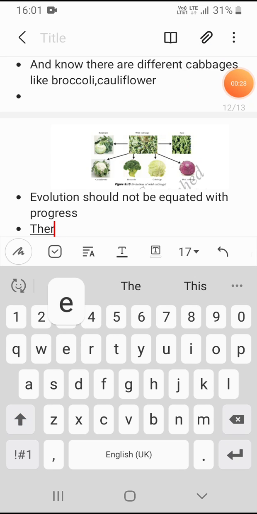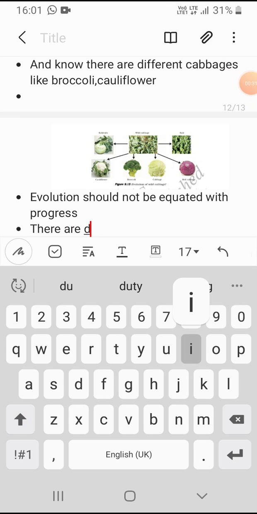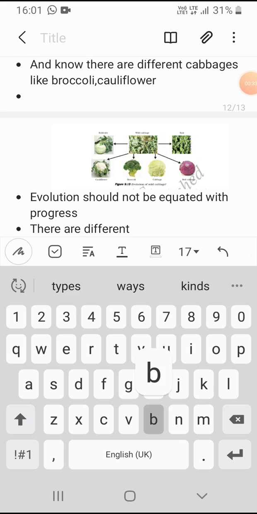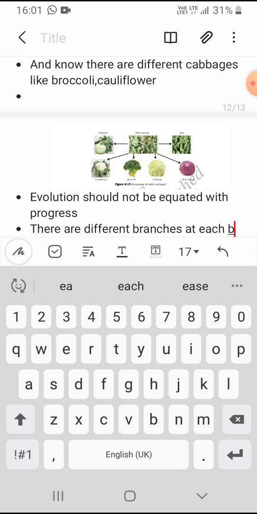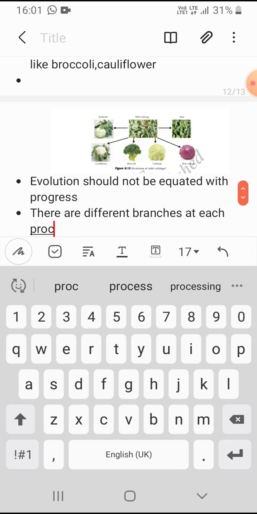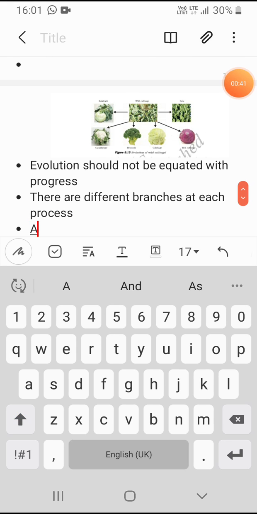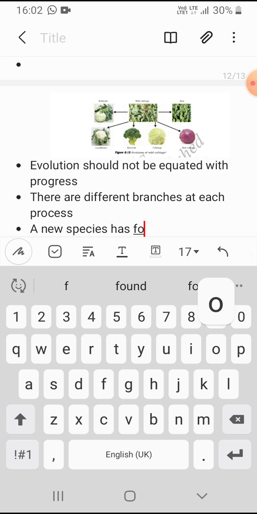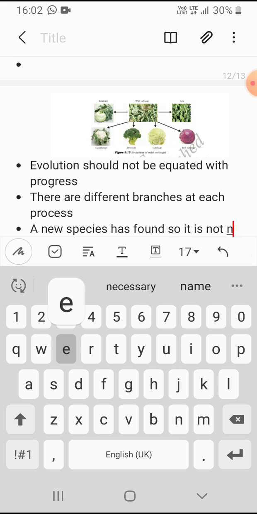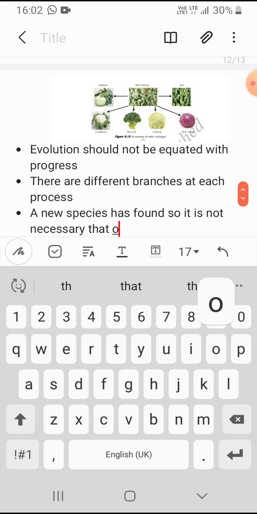There are different branches at each process. If a new species is found, it is not necessary that the old species will not exist.